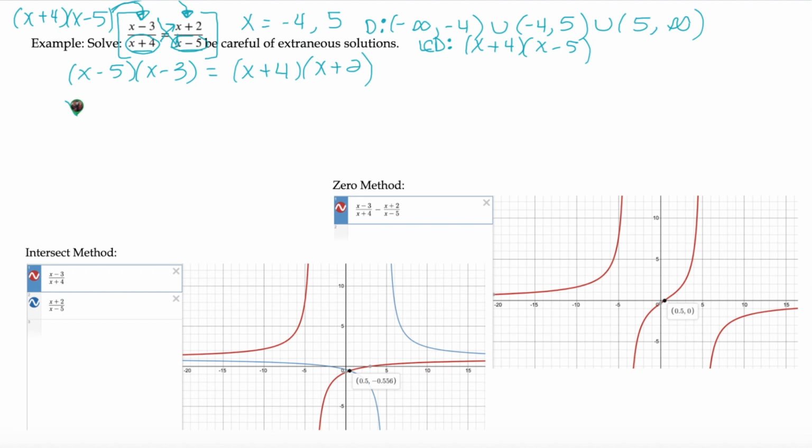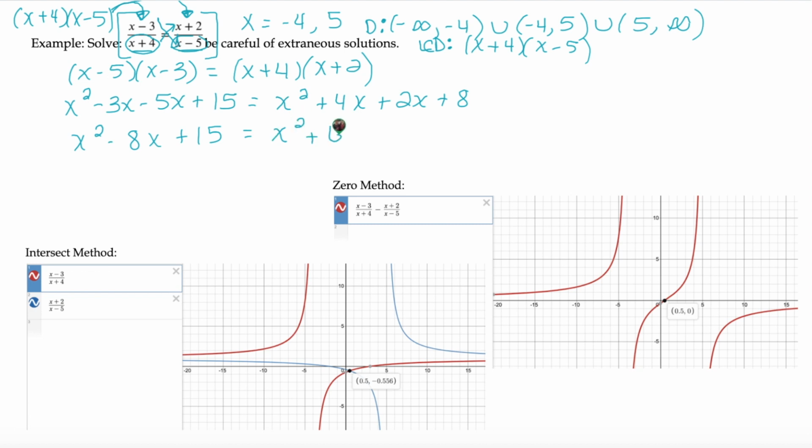On the left, we will have x squared minus 3x minus 5x plus 15. And on the right, we'll have x squared plus 4x plus 2x plus 8. Simplifying, I have x squared minus 8x plus 15 and x squared plus 6x plus 8.